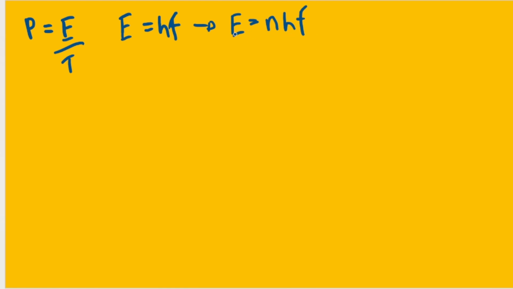So what we can do is substitute E into the power equation. So energy is subbed into the power equation. So we can get power is equal to the number of photons times Planck's constant times frequency divided by time.